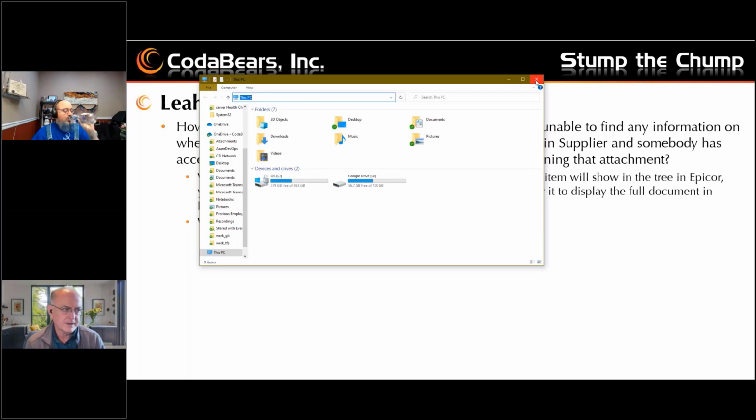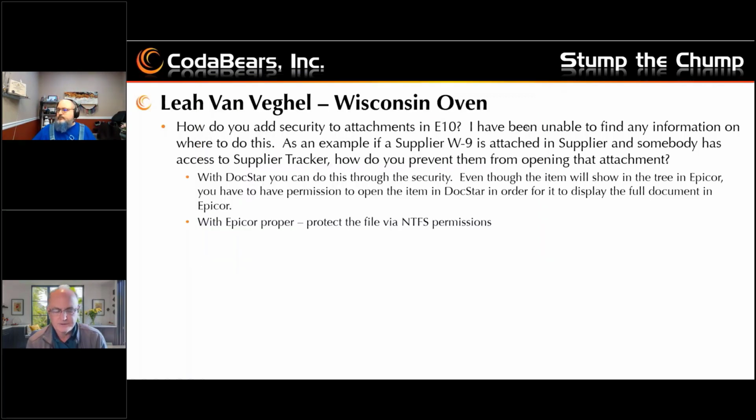And the other approach that I would look at, but this also takes IT, is to write a BPM that looks at whenever somebody tries to open an attachment, it looks at what kind of attachment it is and decides whether they're in the right security group to see that attachment. Right. Okay, there you go, thank you. Because in the document attachments, you can say what type of file it is. Yeah.